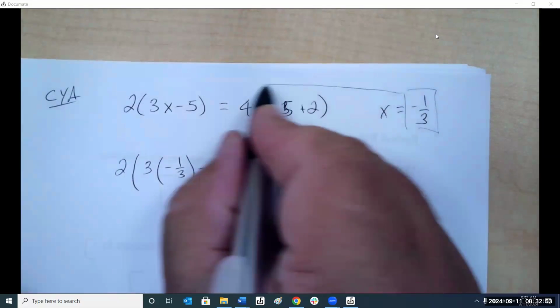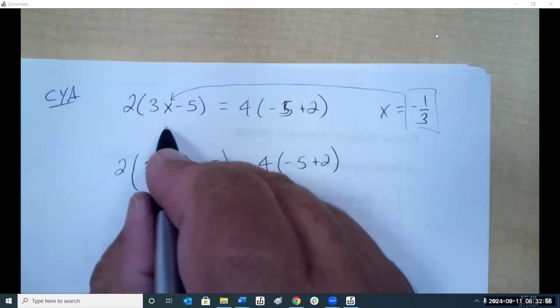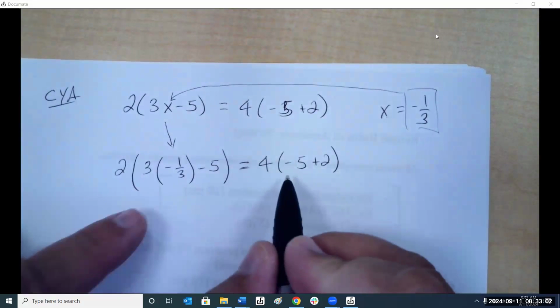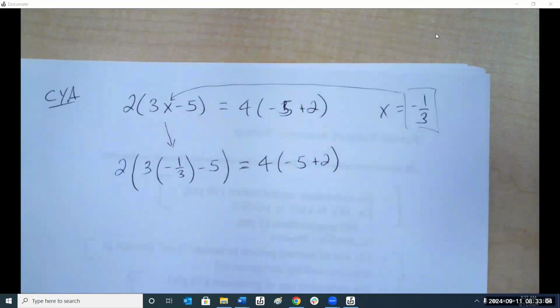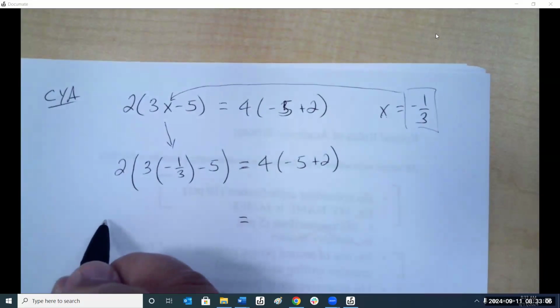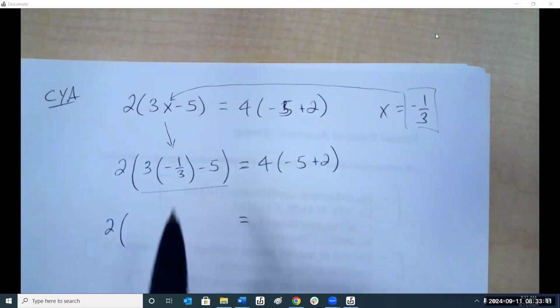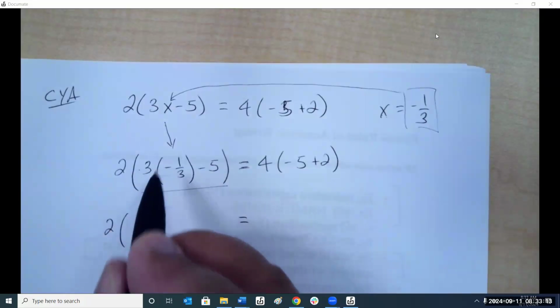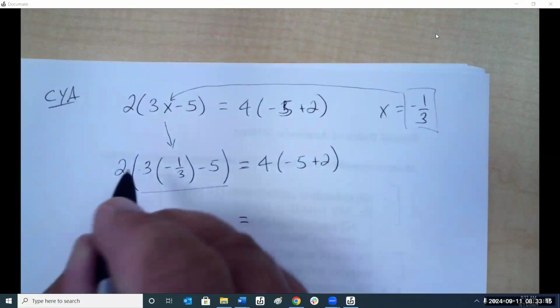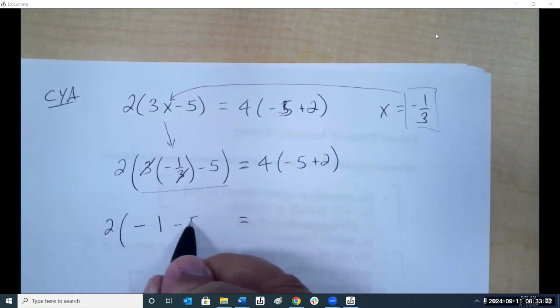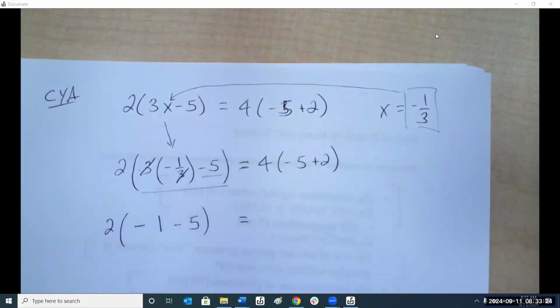So I'll just take that and plug it into the only x I see. Because they're on opposite sides of the equal sign, I could do them both at the same time. I have to do inside the parentheses. Positive times negative is a negative. The 3's cancel, which just leaves me with 1. And then this minus 5.